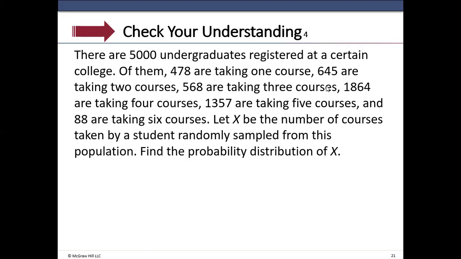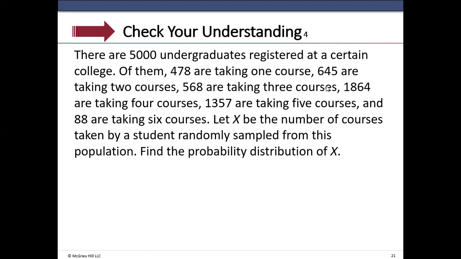So X value varies from 1 through 6. The lowest value is 1, the highest value is 6. When X is 1, the probability of X equal to 1 course is 478 divided by 5,000.